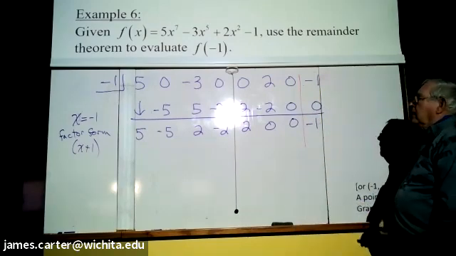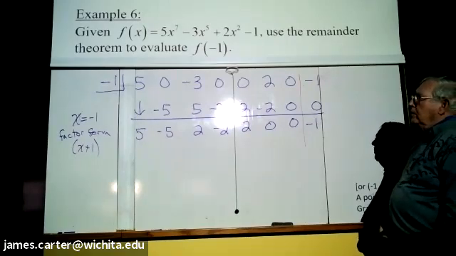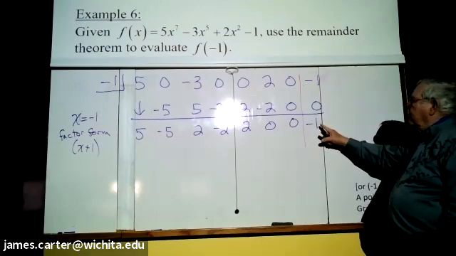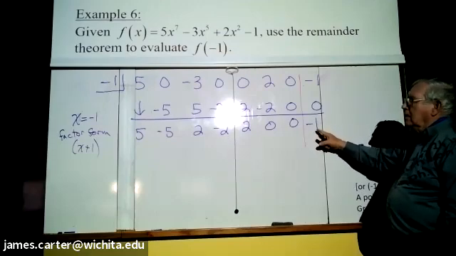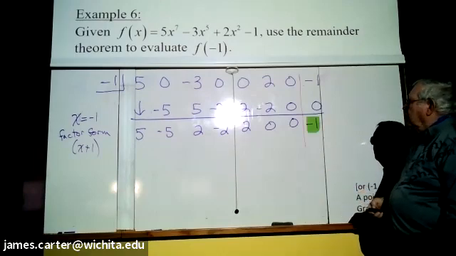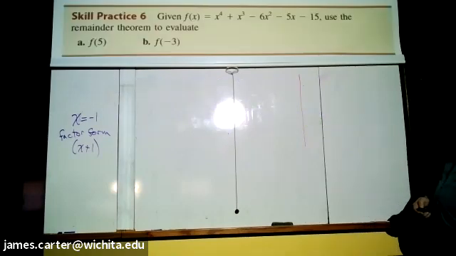Okay? Now, what this is telling you is that when you get a remainder of -1, that gives you a value.